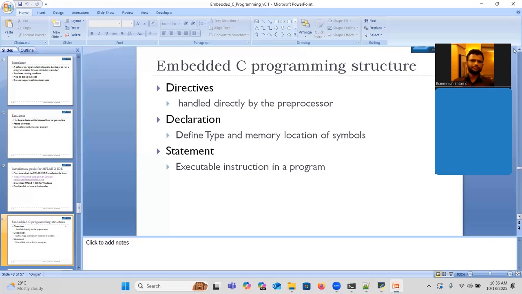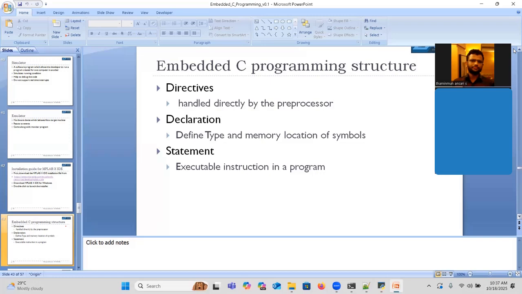Right. The second is declaration. What is meant by declaration? What is your understanding about declaration? Before we use any variable, we will be declaring it. Declaring what? The variable, so where it needs to be stored.